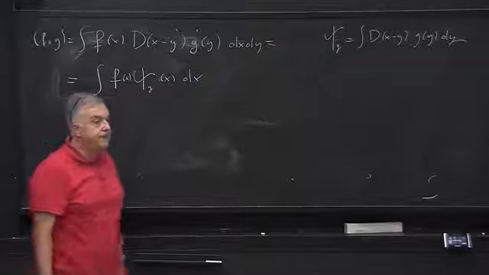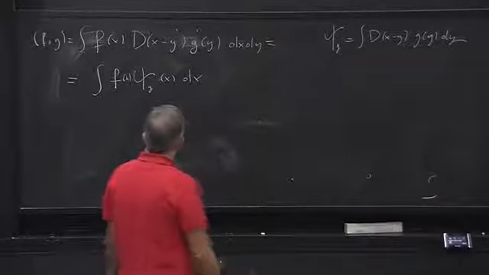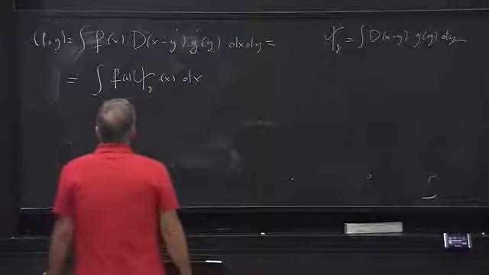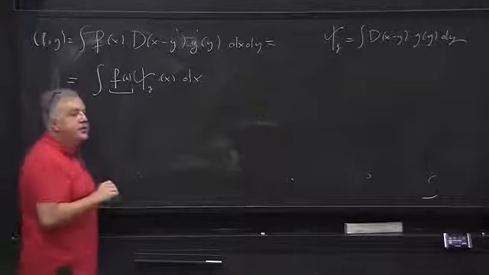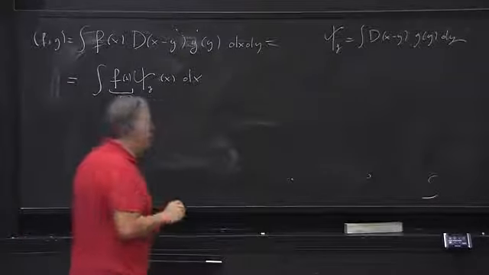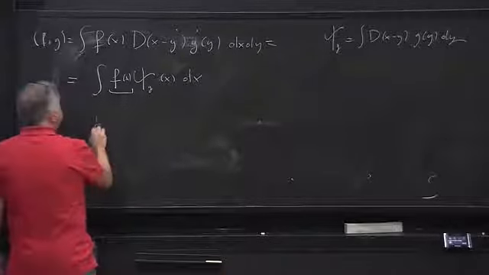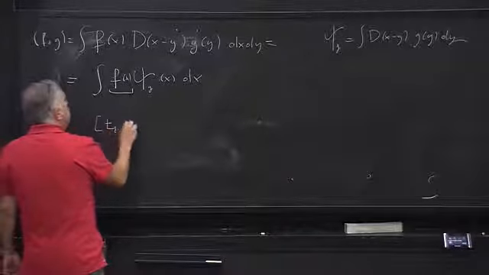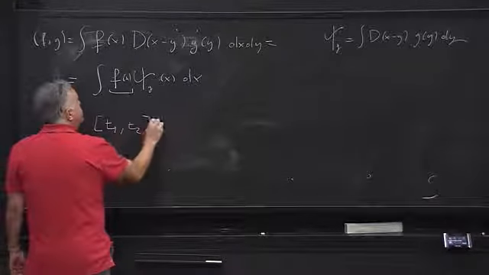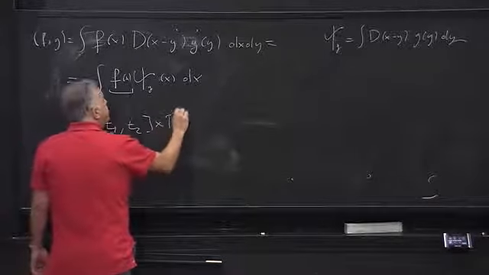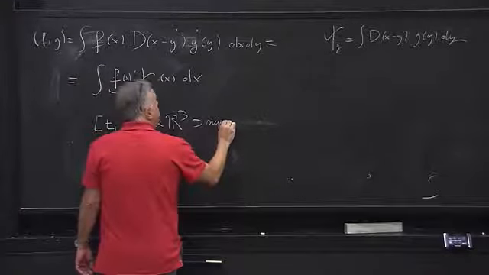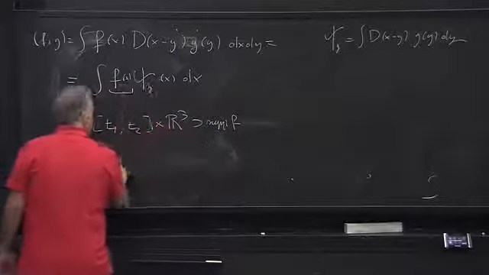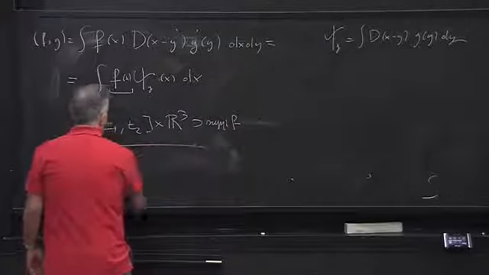So F, by hypothesis, has compact support. Suppose that you can find an interval T1, T2, such that T1, T2 times R3 contains the support of F. This is the support of F. This is T2.